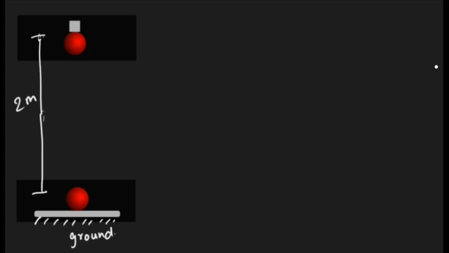Now the question is, let's say this ball is dropped and this ball is thrown upwards with an initial velocity of 5 meter per second. The upper ball falls with initial velocity of 0 meter per second, and the bottom ball is thrown upwards with a velocity of 5 meter per second at the same time.